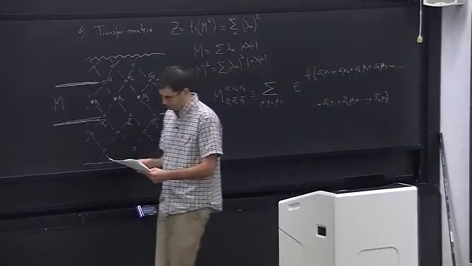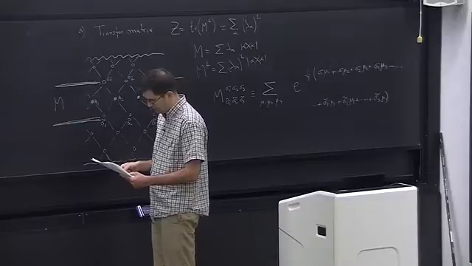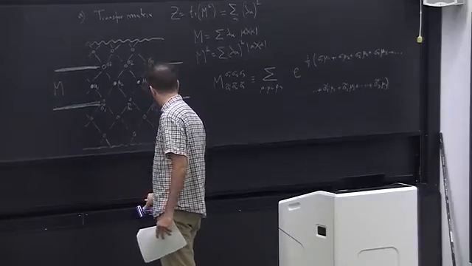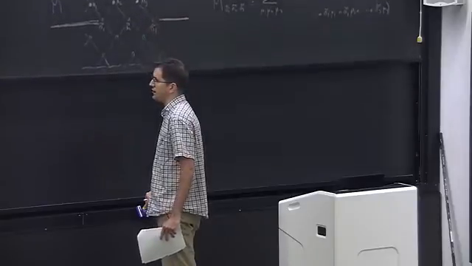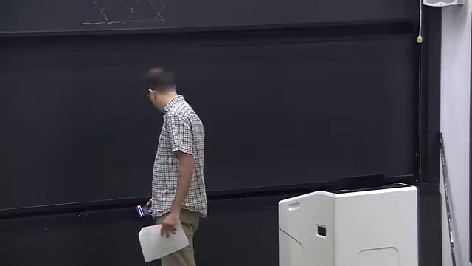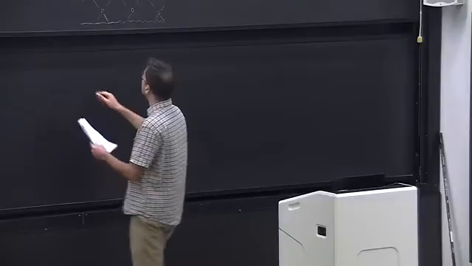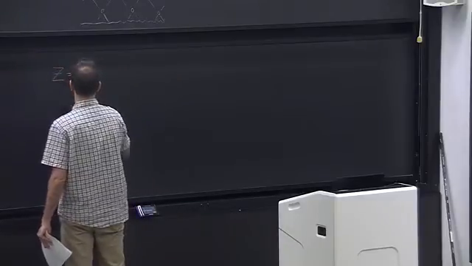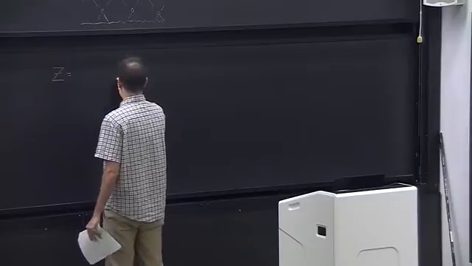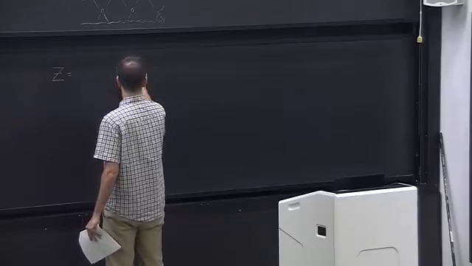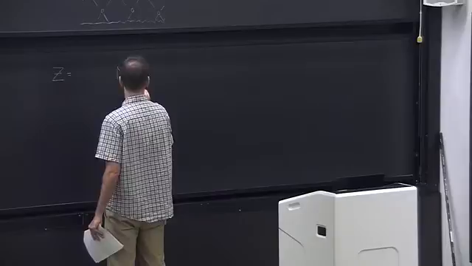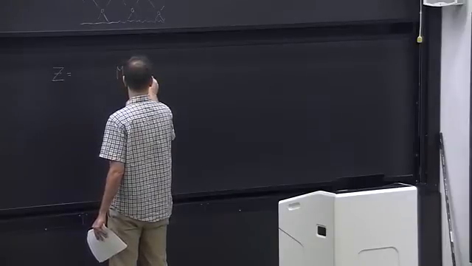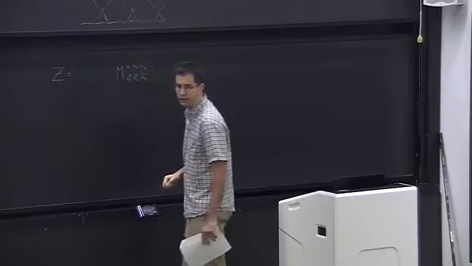Okay, so once I've done this, now I want you to spend a minute convincing yourself that the following is true, that the partition function is equal to M of sigma 1, sigma 2, sigma 3, sigma 1 tilde, sigma 2 tilde, sigma 3 tilde. Okay.